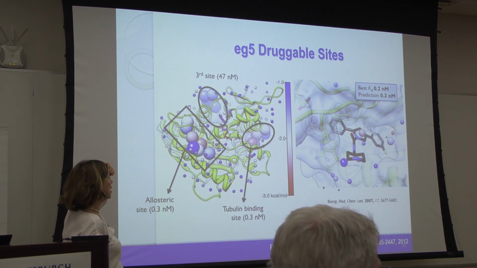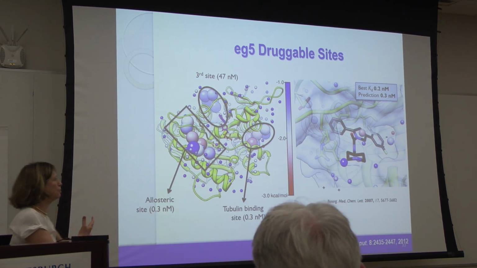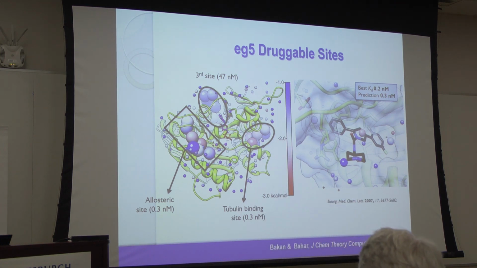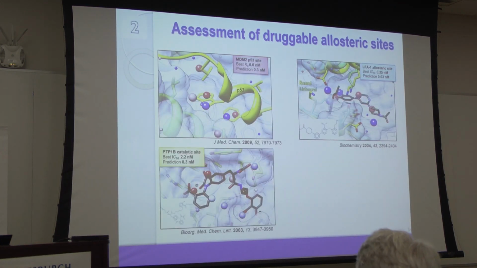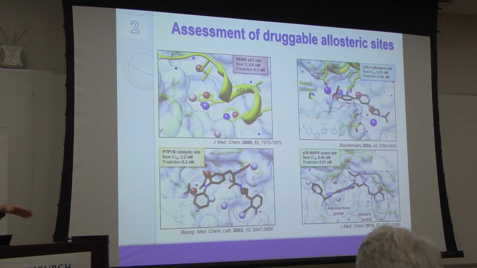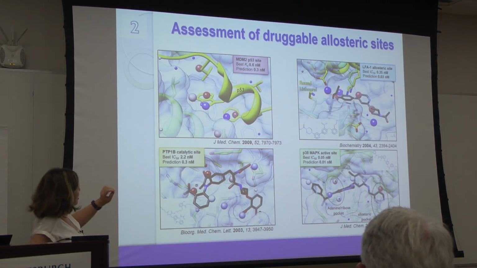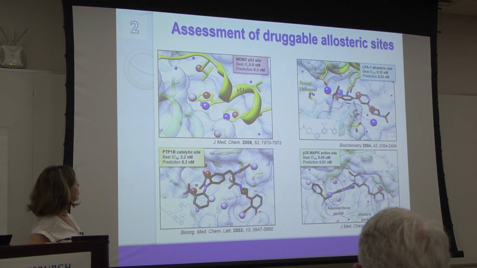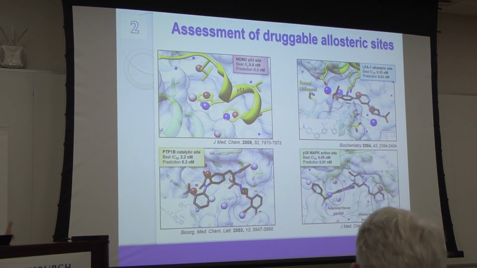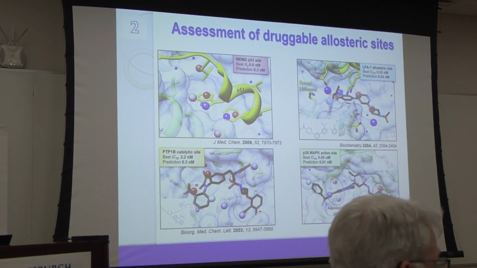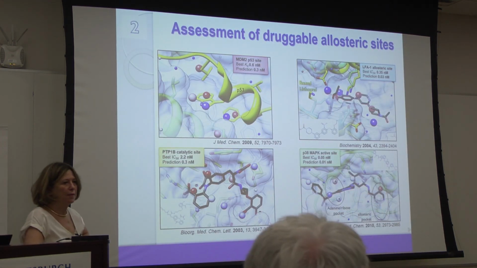So we can identify alternative binding regions. That's a major applicability. These are all examples from our previous study where we were able to identify those allosteric sites in a series of different proteins. Yes, I'm done practically.